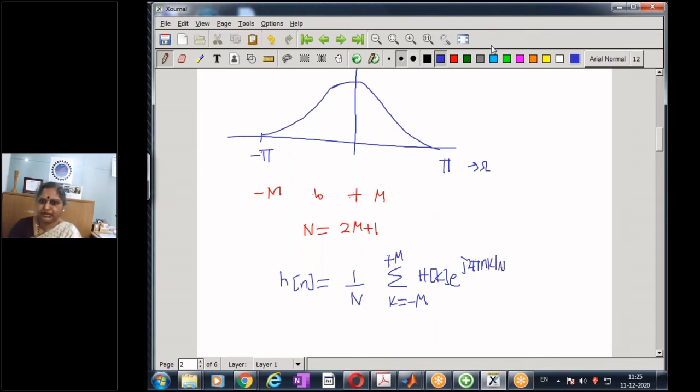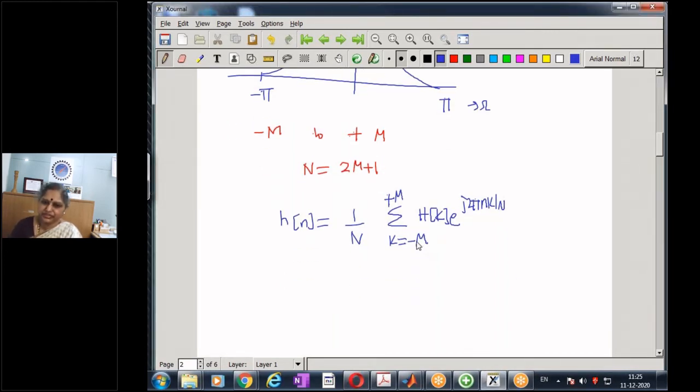This is our usual IDFT expression. The only difference is instead of going from 0 to n minus 1, I am taking the summation from minus m to plus m.